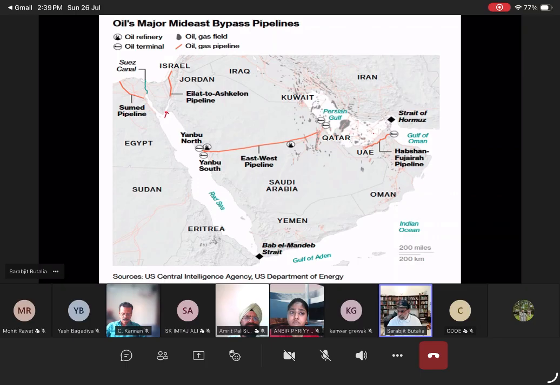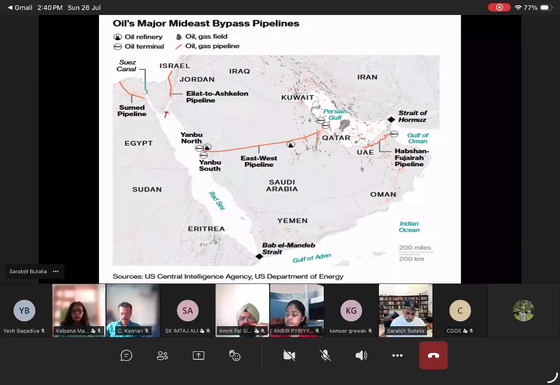UAE is okay now, but the second takeaway you should have is that maybe if we meet in 10 years' time, you will find that the oil may have shifted a little bit to pipeline logistics. Certainly, it's more so for countries in the Persian Gulf because that's their only survival. Countries like Iraq or others will have to find a way.